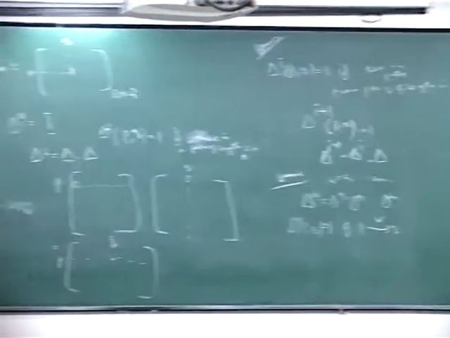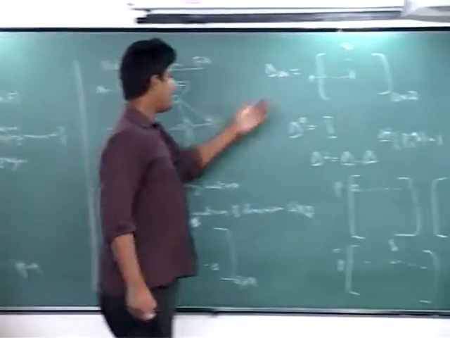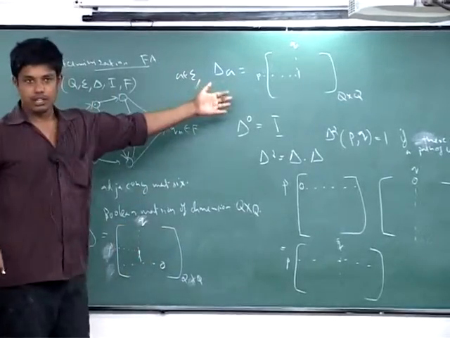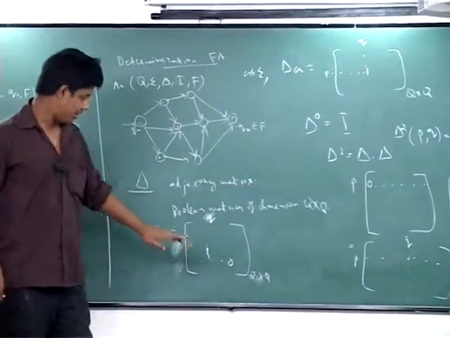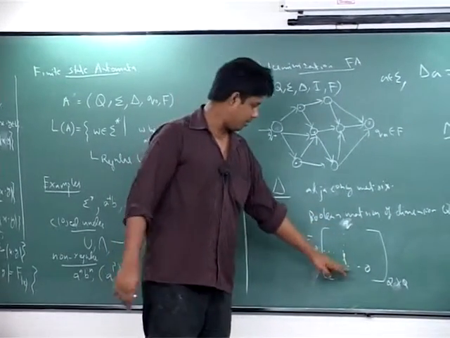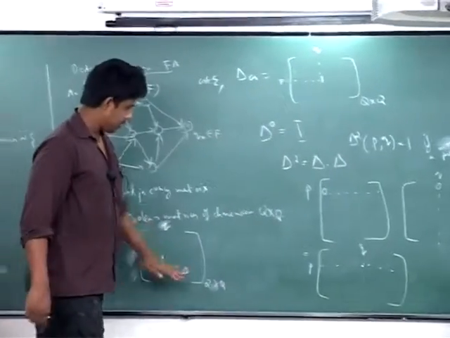Is it also clear? Remember, how do we define delta A for A an element of sigma? This is going to be just a superposition of all these matrices, right? Just add them all up.